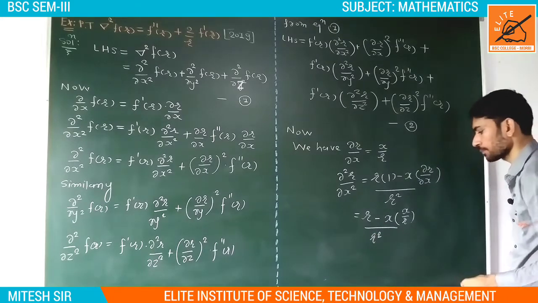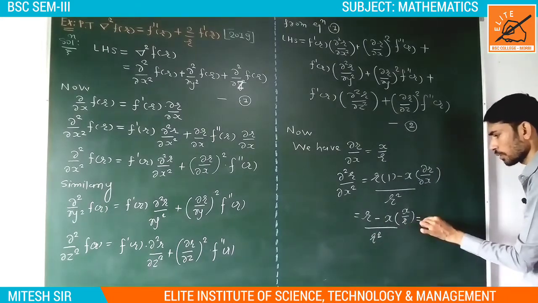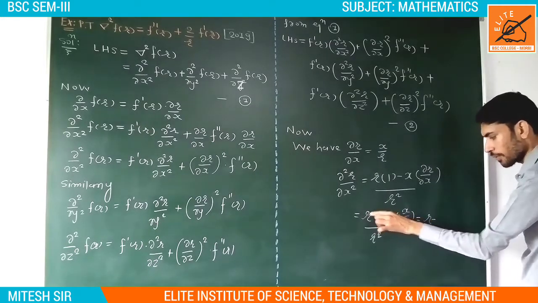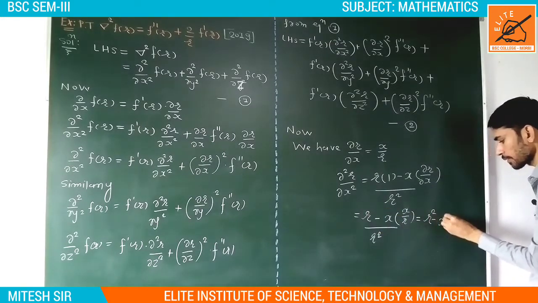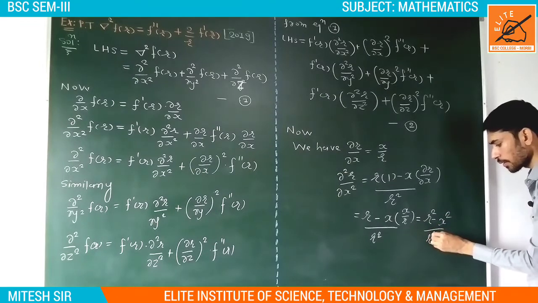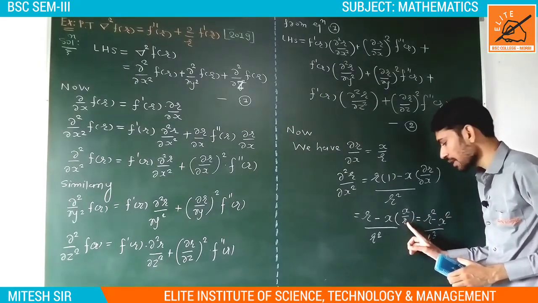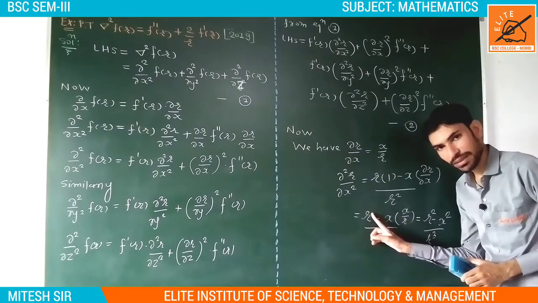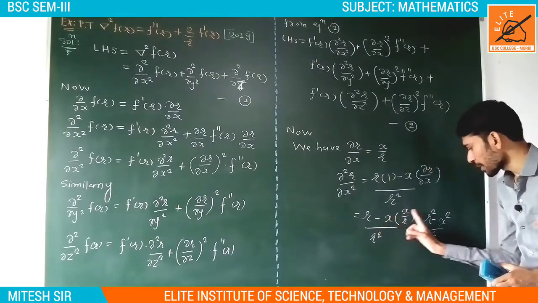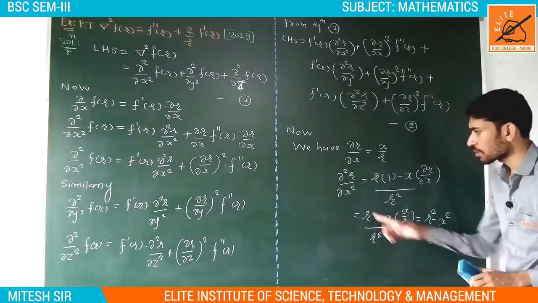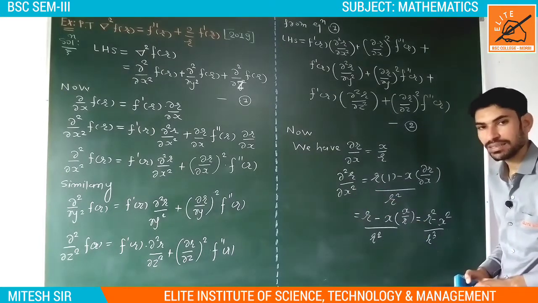Now simplify this. So here take r as an LCM, so r square minus x square upon r cube. મિત્રો 1 upon r છે ને આપણે LCM લીધો છે મીન્સ r સાથે મલ્ટીપ્લાય થશે મીન્સ r સ્ક્વેર અને x ઇન્ટુ x સ્ક્વેર અને r છેદમાં આવી જશે, ધેટ મીન્સ થઈ જશે r ક્યુબ. સો ધીસ ઇઝ ધ વેલ્યુ ઓફ del square r upon del x square.